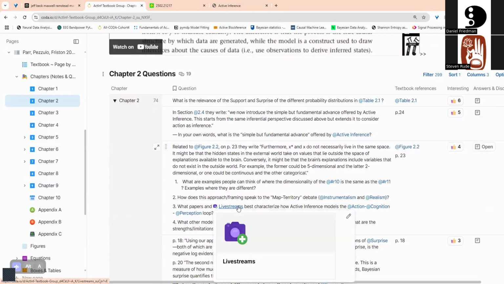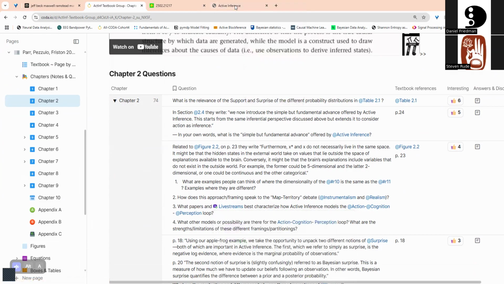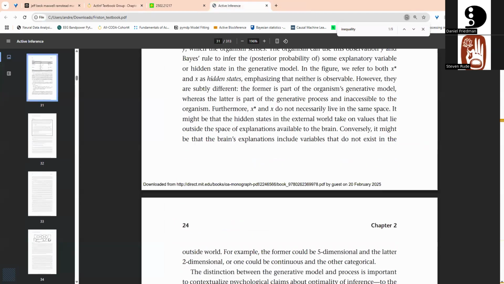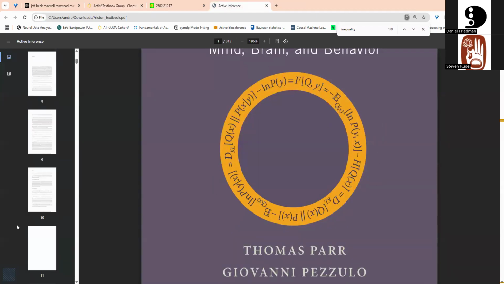And then for the sake of this cohort, since we are out of time, chapter 3 will be next. That'll instead be the high road rather than the low road to active inference.